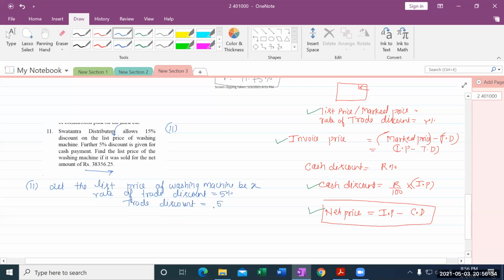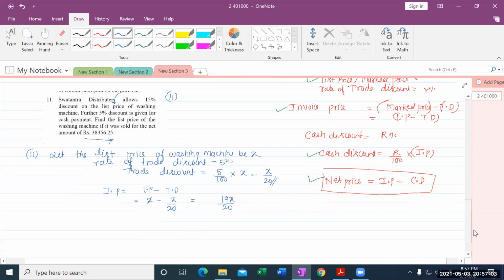It is 5% of that X. So after cancellation, it will be X by 20. Then I will get the invoice price, which is list price minus that discount. List price is my X, trade discount is X by 20, so 19X by 20 is the invoice price.